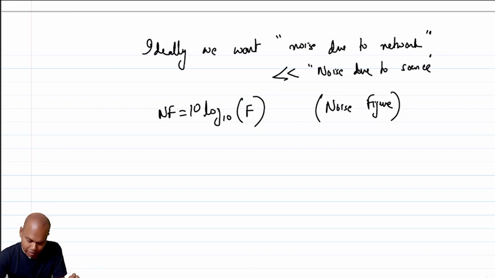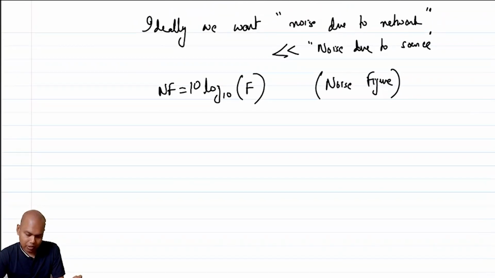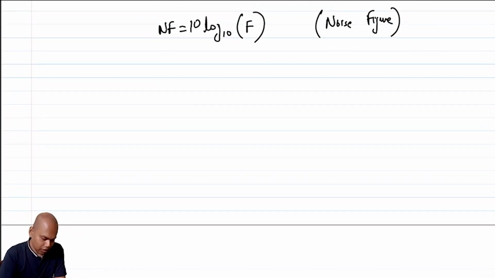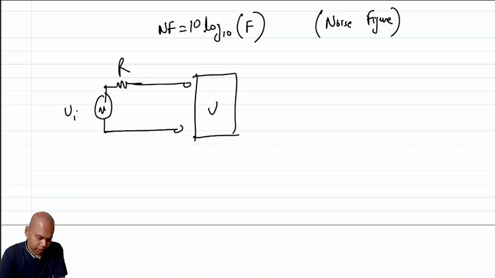Now, the more traditional definition of noise figure, which is the more accurate definition of noise figure or noise factor, is the following. Let's say you have a system, you have a source. I don't have to make it an antenna. Let's say you have a source which has some input resistor, which contributes to noise, and you have some network, right?